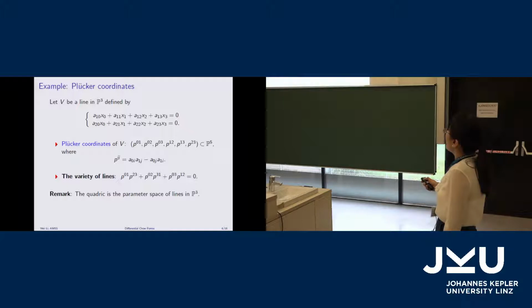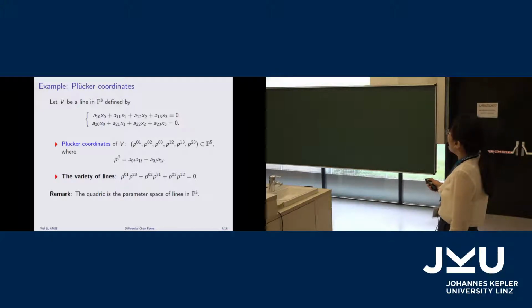So suppose V is a line in P3, so it could be defined by 2 linearly independent linear equations. And the Plücker coordinates of the line is a point in 5-dimensional projective space. And it could be constructed by the coefficients of the defining equations of the line in this way.